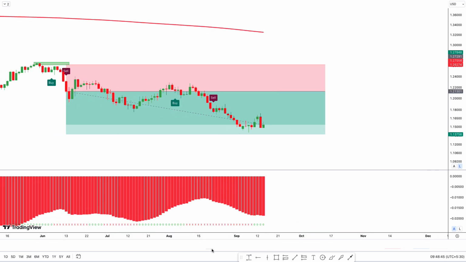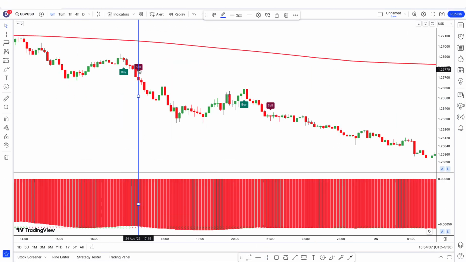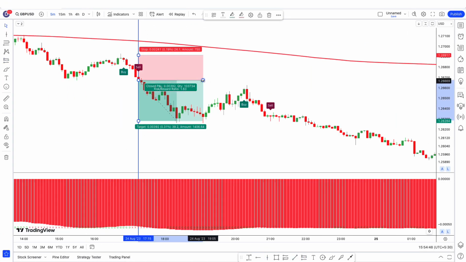As with any strategy, you can't win them all. Now let's test this strategy on the GBP/USD pair on the 5-minute time frame.